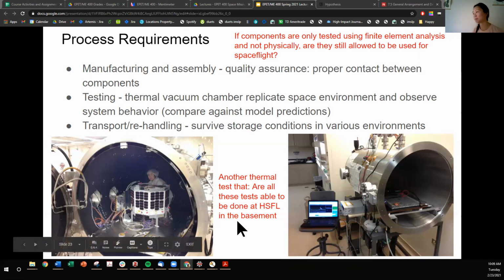Another question, are all these tests able to be done at HSFL in the basement? And so I have pictures of what's available in the HSFL in the post-building basement. Here is Amber, our avionics engineer, inside the Intelvac thermal vacuum chamber. It's in the HSFL cleanroom facility.